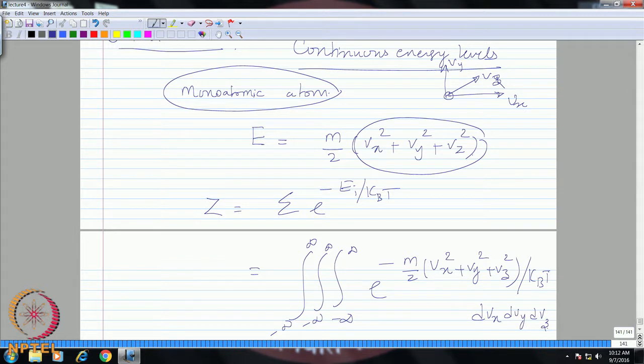Okay. Is it clear? So, we are just now evaluating the partition function. In the case of molecules, these are continuous, and therefore, we replace the summation with these integrals.